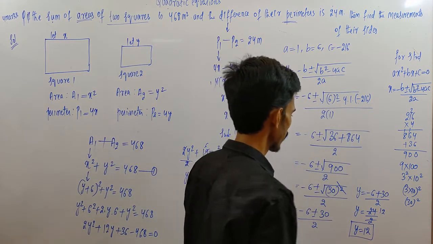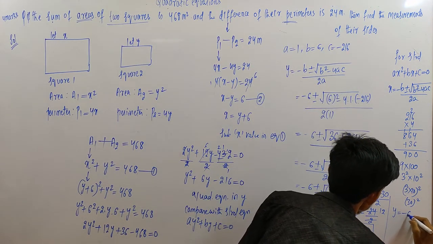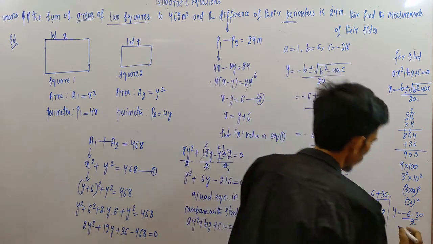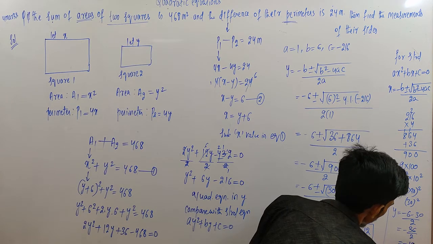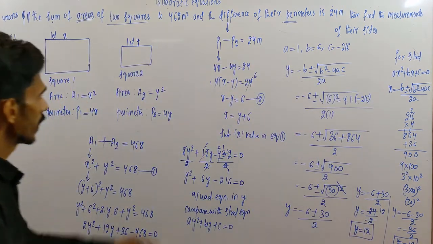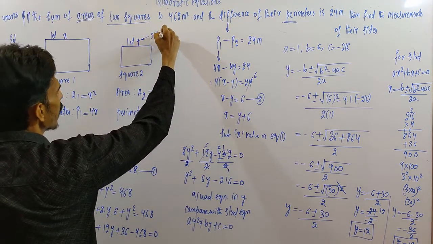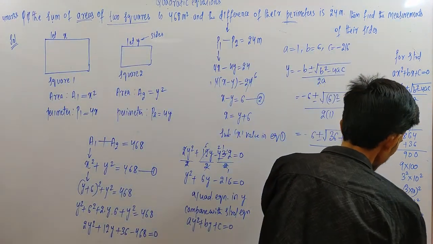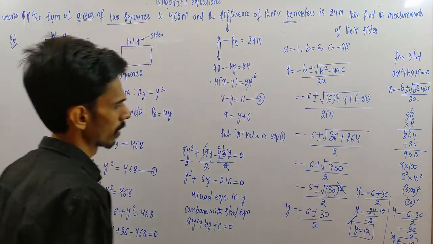If we take negative sign, y is equal to minus 6 minus 30 by 2, so it will become minus 36 by 2, that is minus 18. But here y represents a side, and a side cannot be negative. So neglect this value and take y is equal to 12.